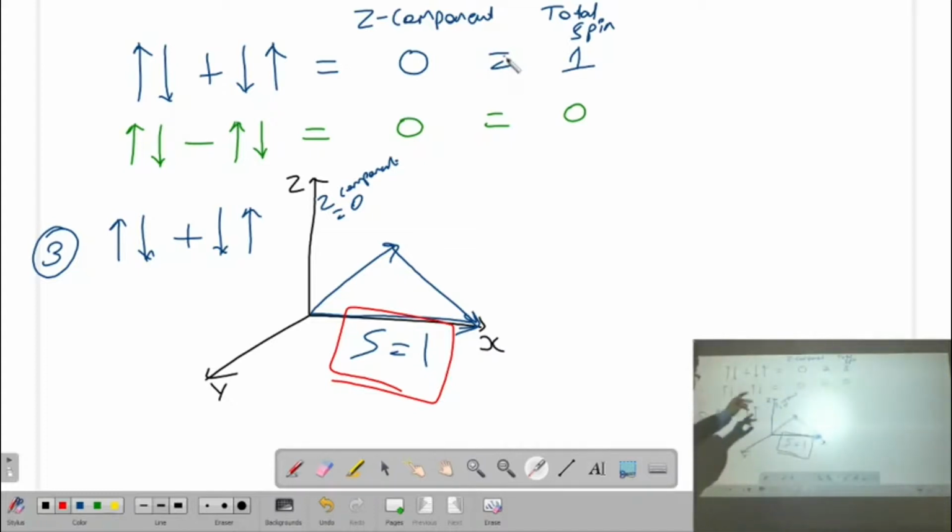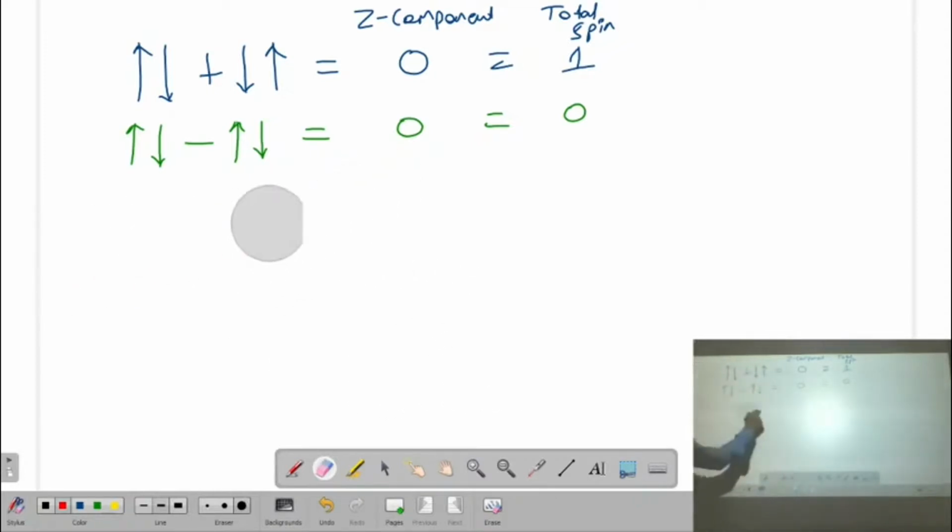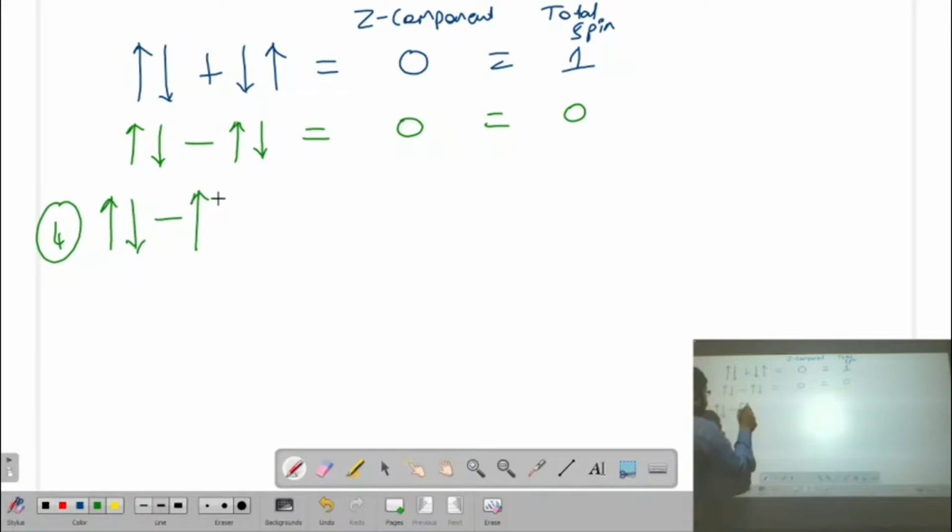Now let us take the fourth one. What happens for the fourth one? Sorry, I made some mistake over here. For this, let us take an x-axis.